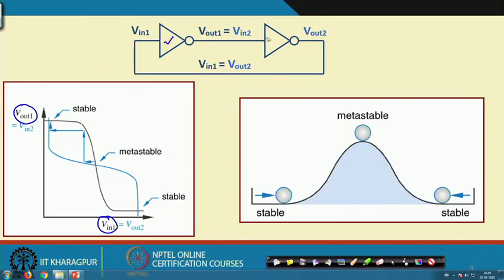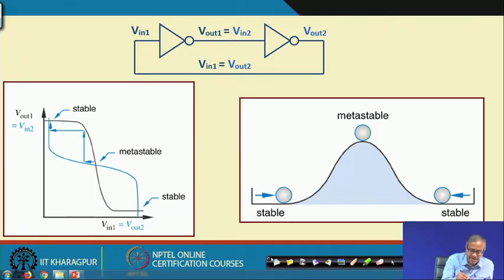So, to show the characteristic curve of the second gate, we just reverse the axis. Along the y axis we show the input V in 2, and along the x axis we show the output V out 2, and we have a similar curve like this. This is the blue curve shown like this. Now, we are showing both the plots on the same graph, because the output of one gate is actually the input of the other gate. Fine.